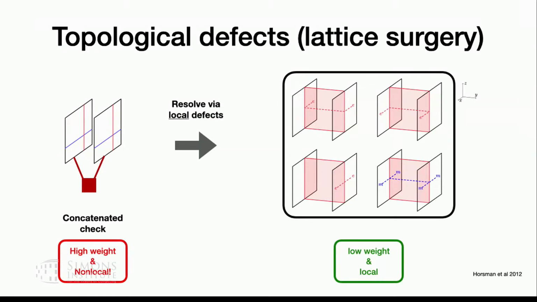So here is an example I'm drawing. Imagine you had 2 encoded qubits on a pair of surface codes, and you want to measure this ZZ logical operator on them. And this ZZ is on the different layers, not on the same layer. And this would be really high weight. And if you imagine they're very far away from each other in space and as part of some bigger code, they could be very non-local too.